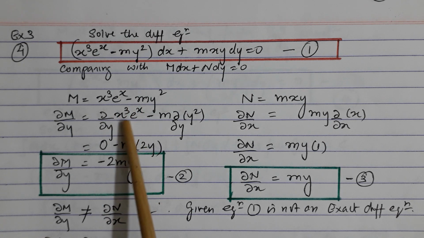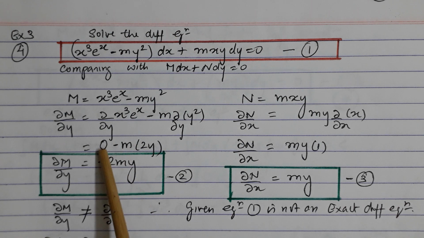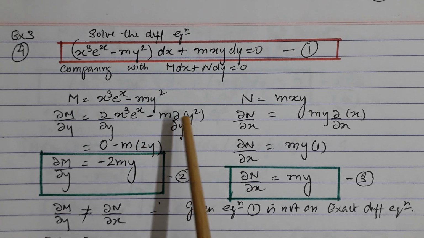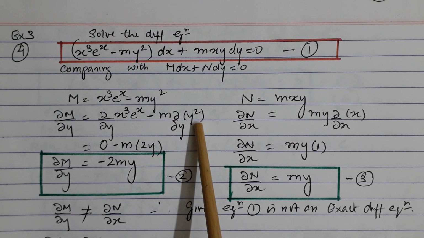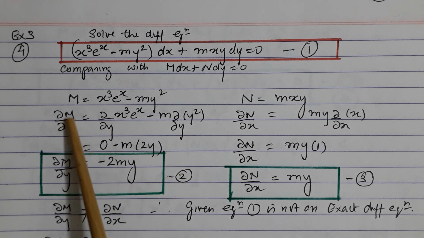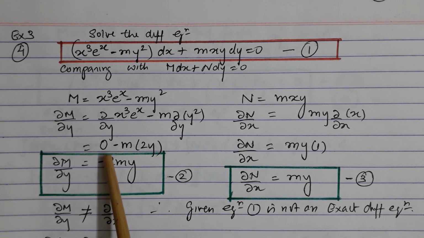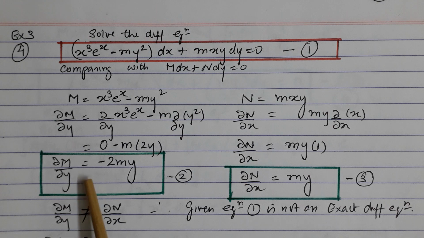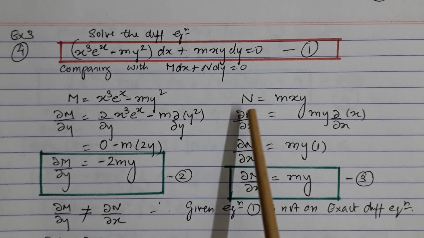Therefore, ∂/∂y of x^3 e^x is 0. m being a constant comes out, so this will be −m ∂/∂y of y^2, and ∂/∂y of y^2 is 2y. So ∂M/∂y = 0 − m·2y, so ∂M/∂y = −2my.